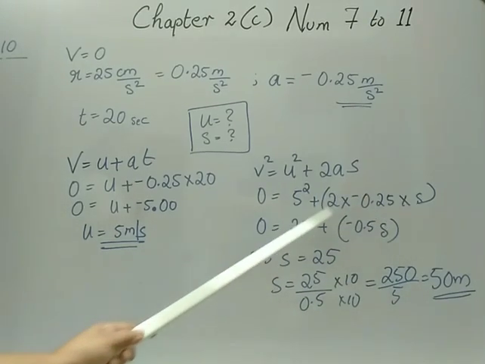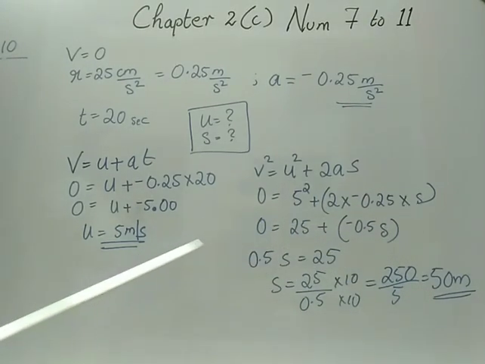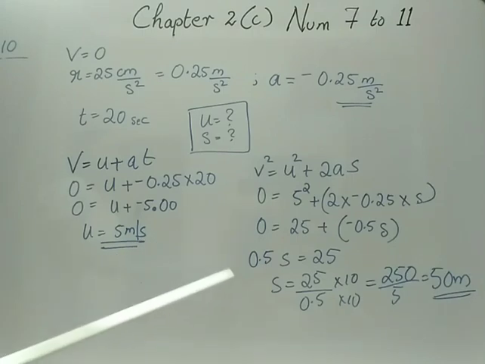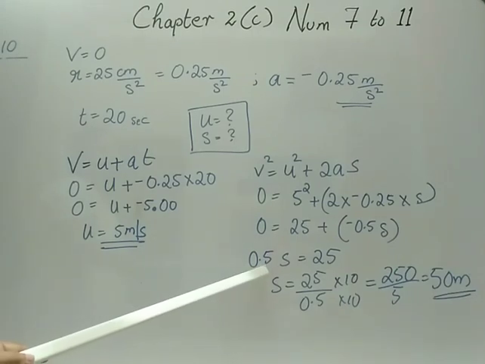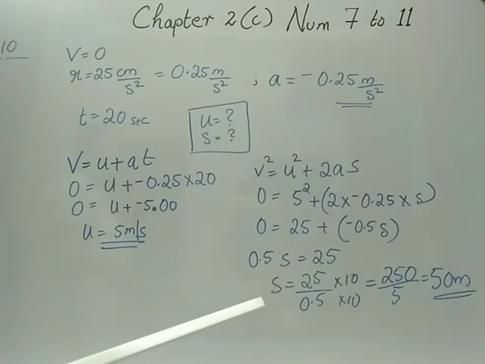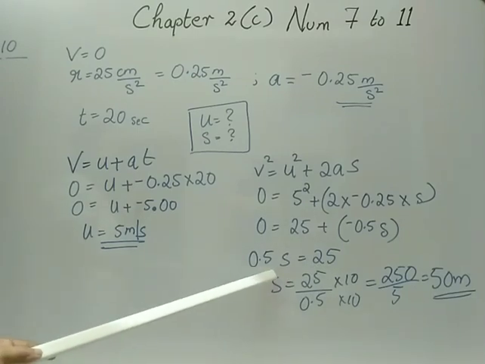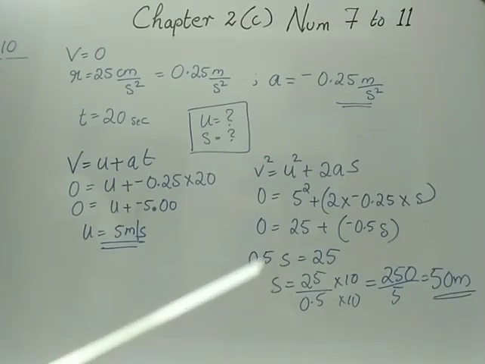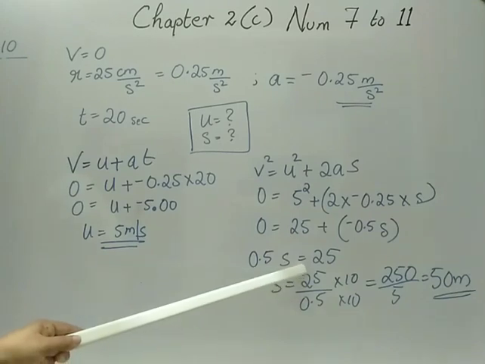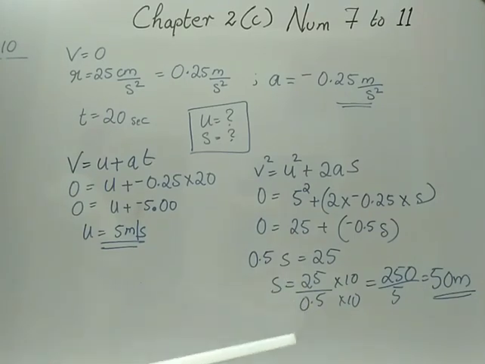This negative 0.5s, taken to the LHS side, will become positive. Positive 0.5s is equal to 25. So s is equal to, this is 0.5 into s, when it goes to the other side, multiplication will become division. So s is equal to 25 divided by 0.5.